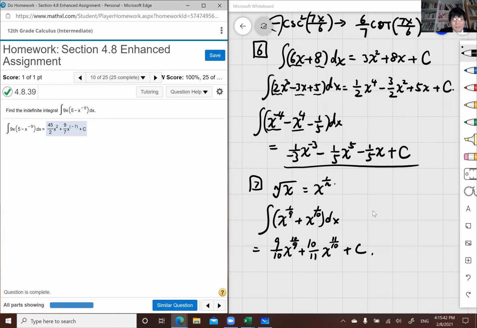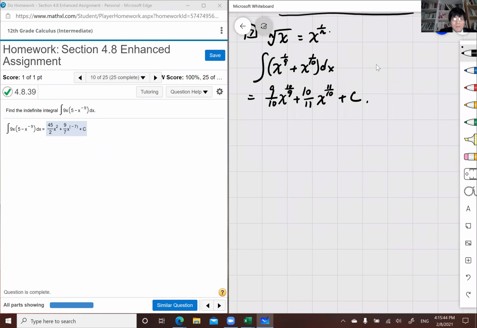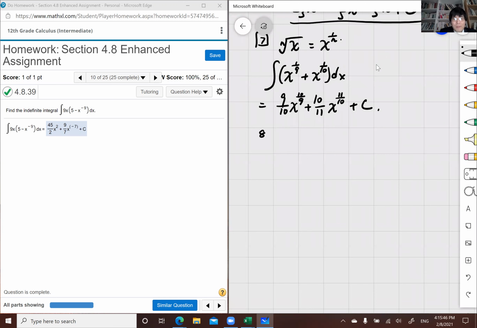Okay, now this is not so easy one. When you have a product of two functions, in general, it's very difficult to integrate, or maybe impossible. But in this case, you can just expand it to make the product into a sum. Then you might be able to integrate.